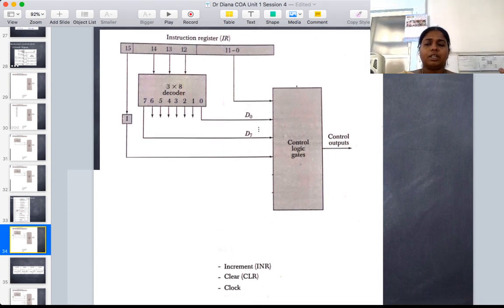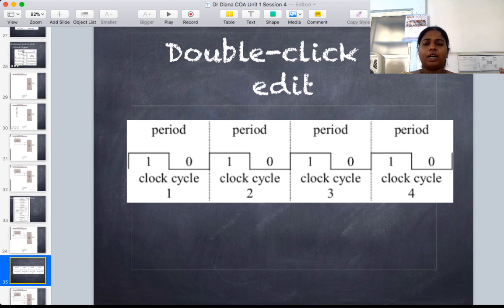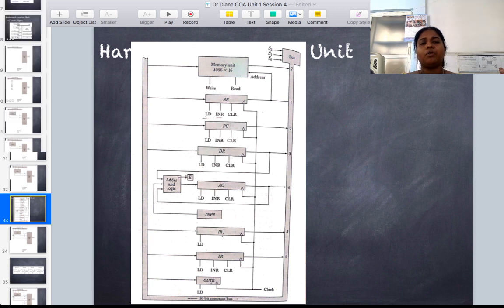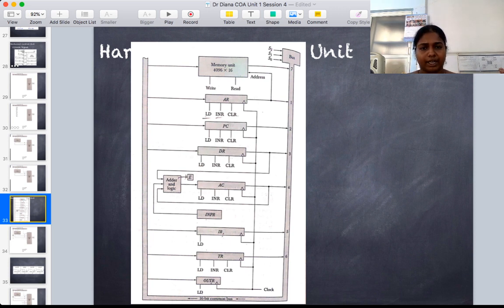Now when I say read data from memory, it doesn't happen in one clock cycle. So imagine I have multiple clock cycles: clock cycle 1, clock cycle 2, clock cycle 3 and clock cycle 4. In the case of a read operation, the first signal is sent to the address register and I need to specify from which address I have to read the data.